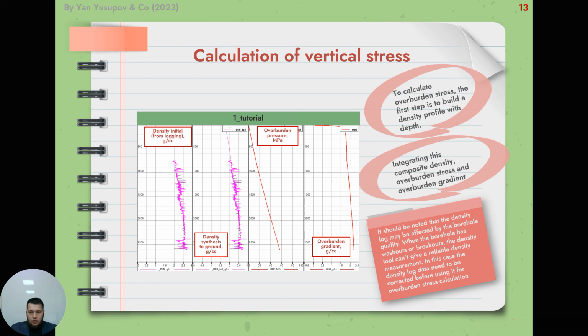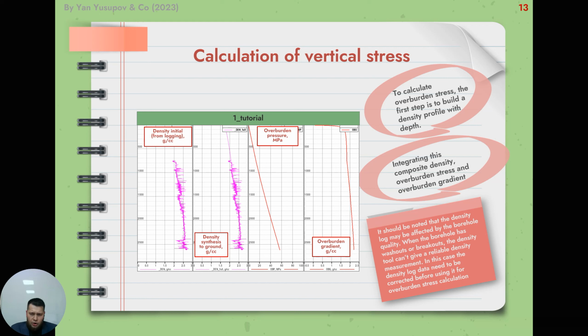So to calculate overburden stress, the first step is to build a density profile with depth. After integrating this composite density, overburden stress and overburden gradient can be calculated. It should be noted that the density log may be affected by borehole quality.